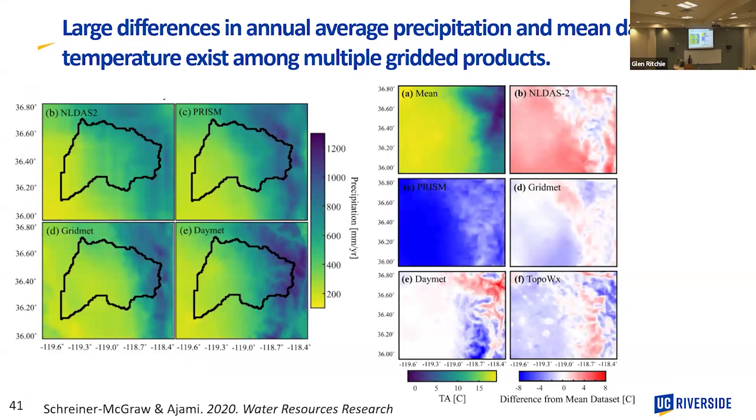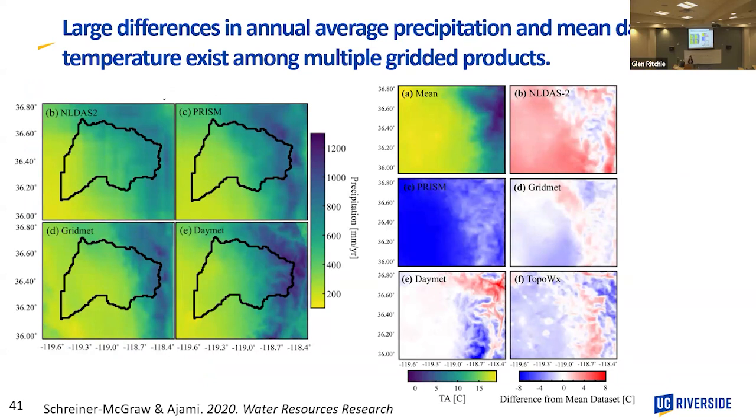While I was expecting to see differences in the precipitation products, as you can see, here is the annual precipitation from these 4 different products for 2016. I was surprised to see there are differences even in temperature products, because the temperature prediction seems to be more reliable.